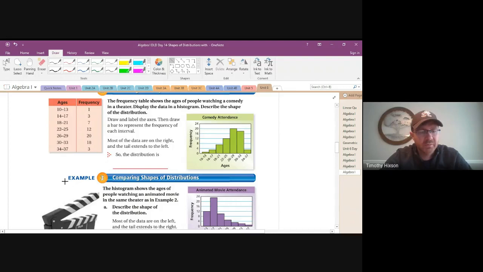I'm going to do this down here. We have our 10 to 13 range, and just for ease, I'm going to label these A, B, C, D, E, F, and G. So we have A, B, C, D, E, F, and G.